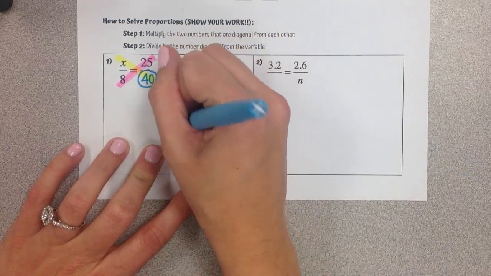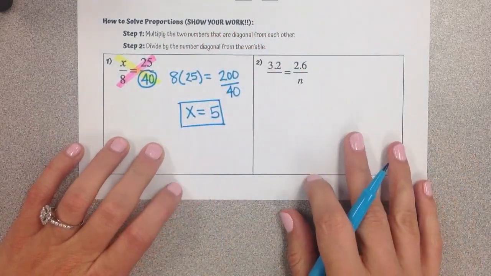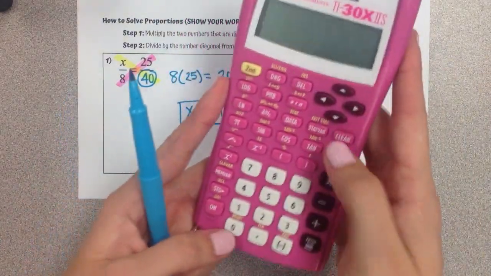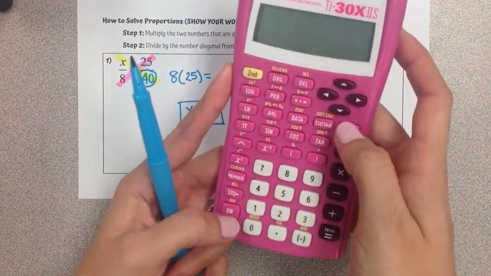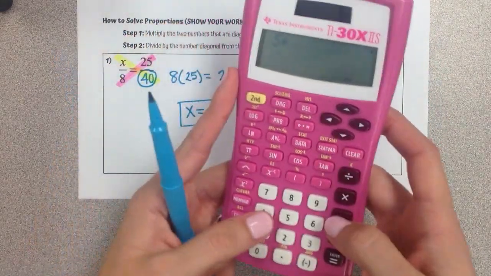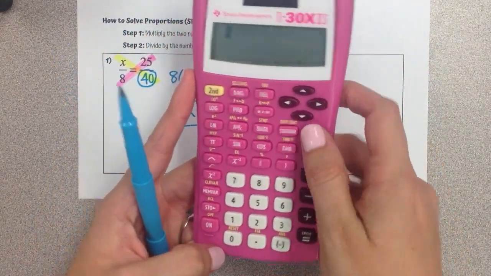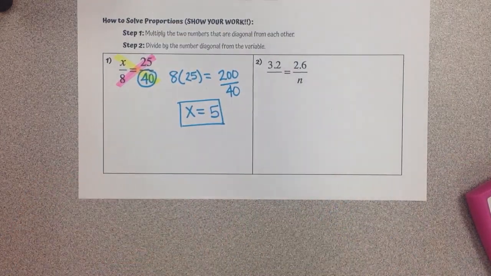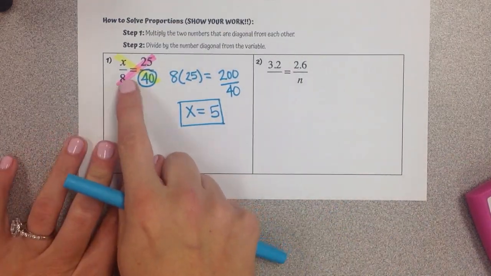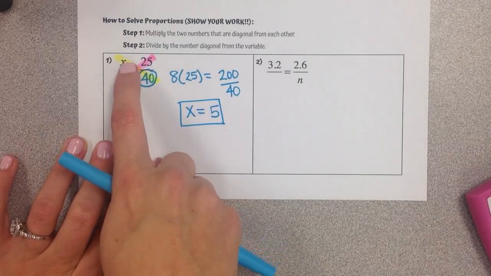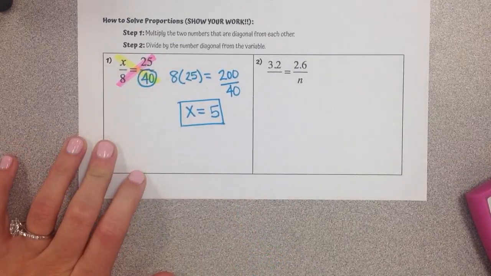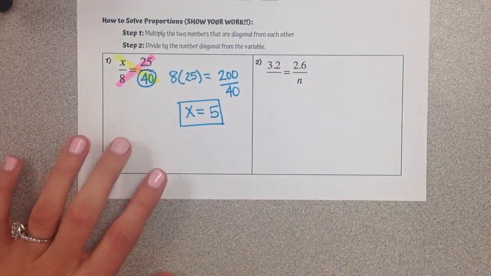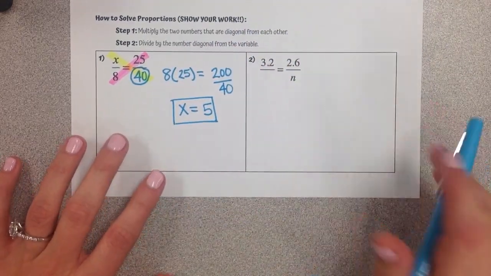So the value of x should be 5. Okay? If you want to double check your work, you certainly can. Work backwards. 5 times 40, is that going to give me 200? Yes. You might have been able to look at this right away and say, okay, 8 times 5 is 40, so 5 times 5 is 25. Sometimes it works out nicely like that. We are practicing this actual process because it's not always nice and easy numbers to work with.